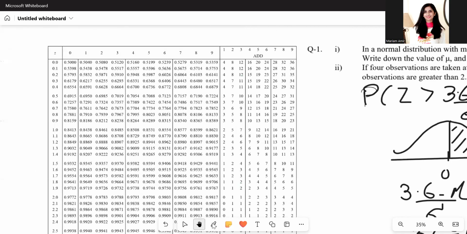So 0.6554. Here it is. 0.6554. So the z-score is 0.40.